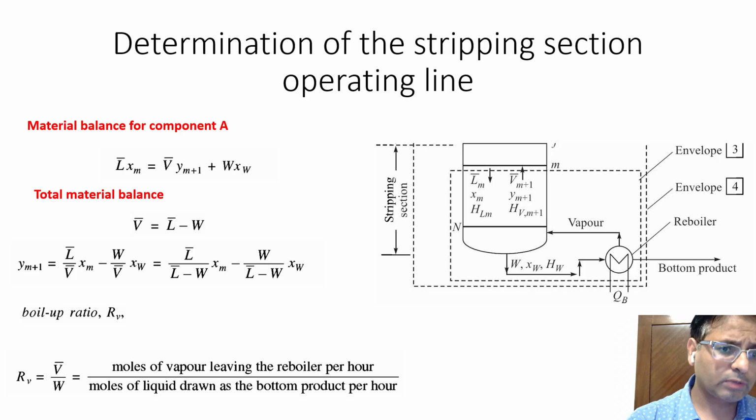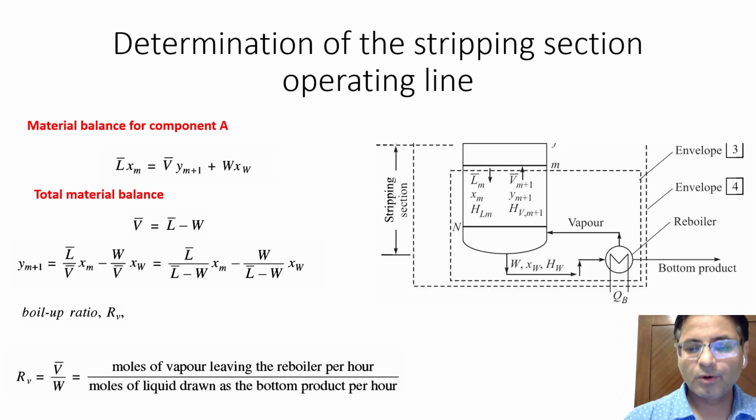You do the total material balance, and then you can rearrange. In the M plus 1 plate, you can easily calculate the vapor composition. And here we are using the boil up ratio, which is RB.